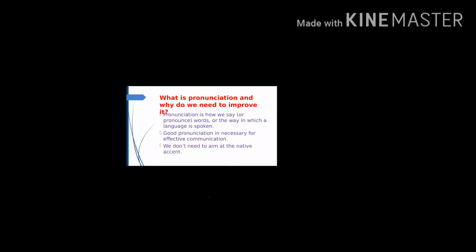When we say van, V-A-N, we touch our lower lip with the upper teeth. But when we say W, as in one, we close our lips the way we do.